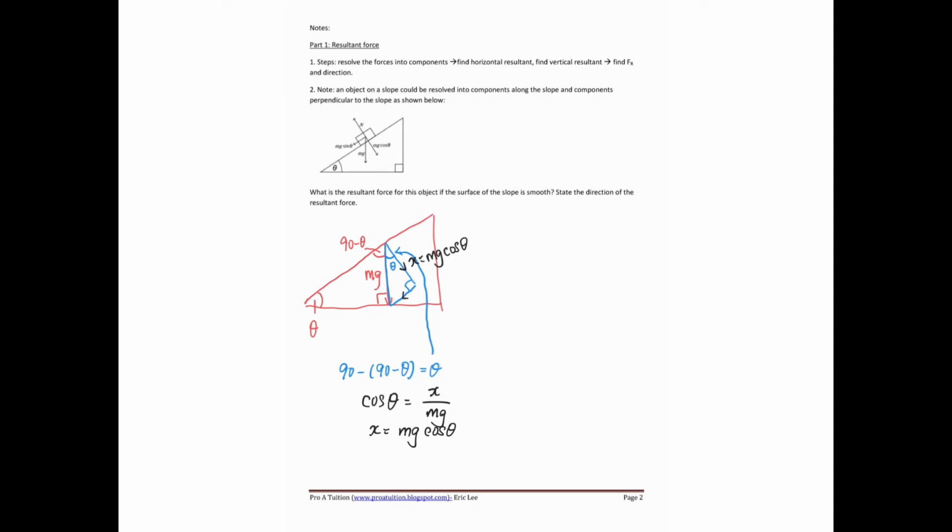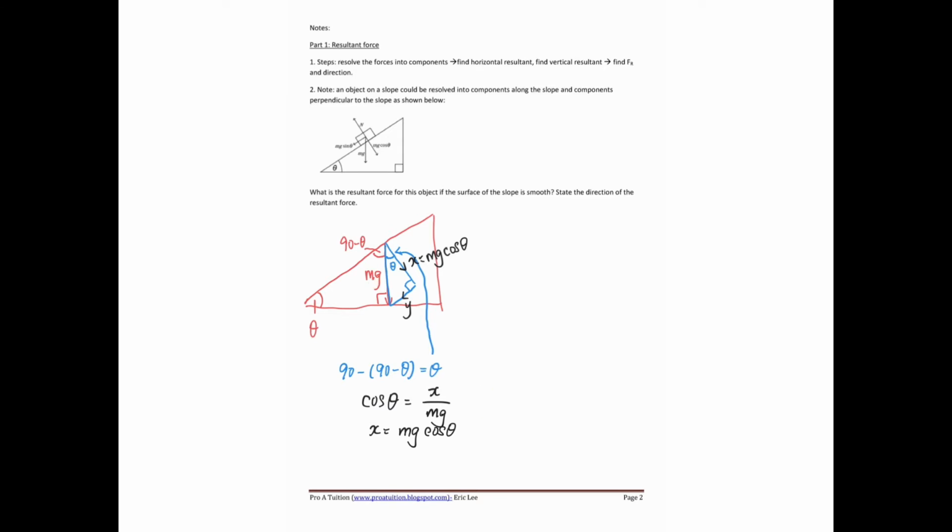Whereas the other component, the one that is parallel to the inclined plane, is the opposite of the angle. Let's say I name it y. We can make use of the opposite as well as the hypotenuse to work out y. Since it involves opposite and hypotenuse, we can use sine.